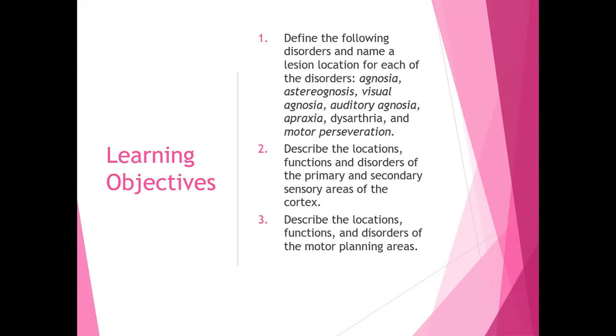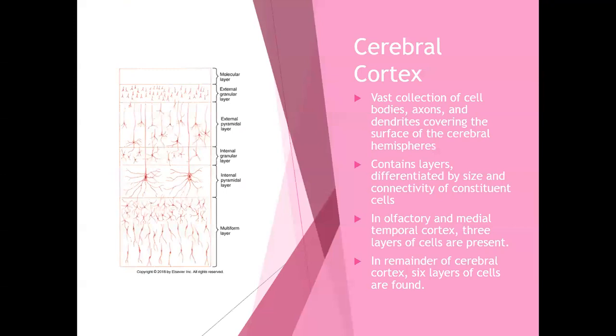So interesting stuff here. The cerebral cortex is a huge collection of cell bodies, axons, and dendrites covering the surface of the cerebral hemispheres. The most common type of cortical neurons are granule and pyramidal cells. Granule cells are small interneurons that remain within the cortex.